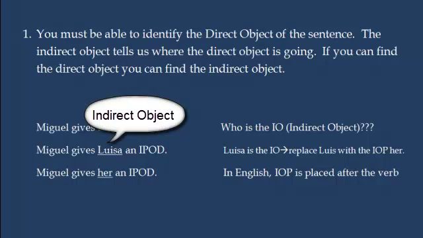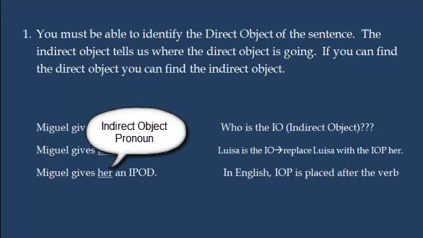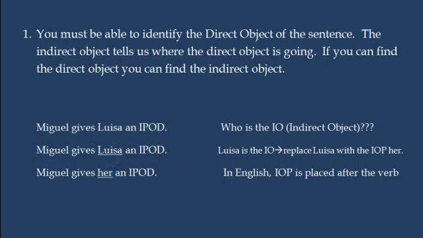So Luisa is the indirect object. Now we replace Luisa with her. Luisa is the indirect object, so we'll replace Luisa with the indirect object pronoun, which is her. Miguel gives her an iPod. In English, an indirect object pronoun is placed after the verb.